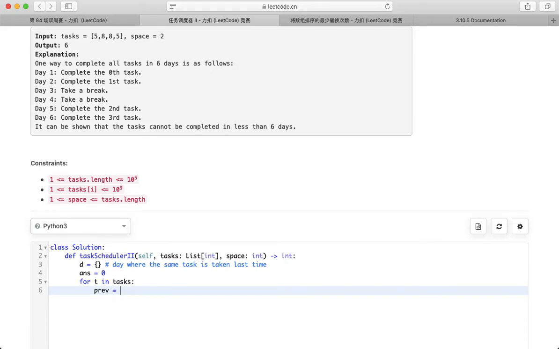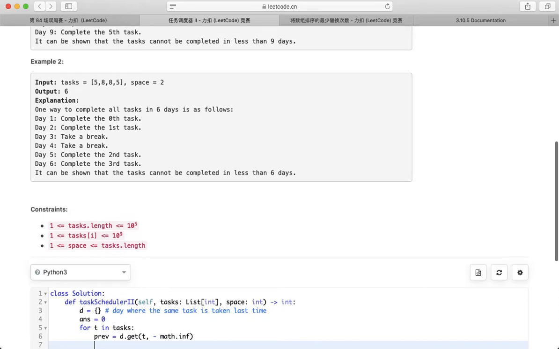Prev is the previous day where the same type of task is taken. So it's either p or minus infinity. And either we can do it right away, or we need to wait this many days, where I might be making an off by one mistake.